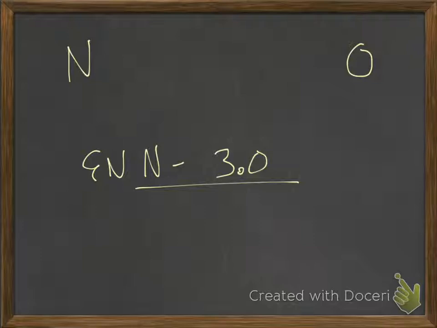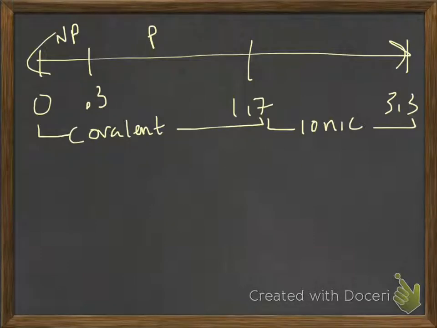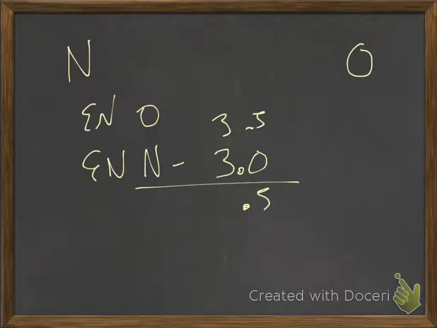And who's got oxygen? 3.5, again. Okay, so oxygen has an electronegativity of 3.5. What's the difference? 0.5. What kind of compound are they going to form? Polar covalent, but just by a hair. They're not terribly polar, so it's not got strong poles. It's a weak polar covalent compound.